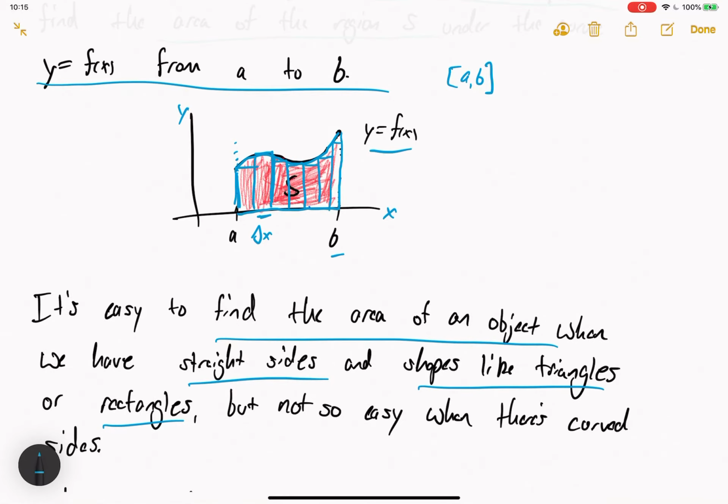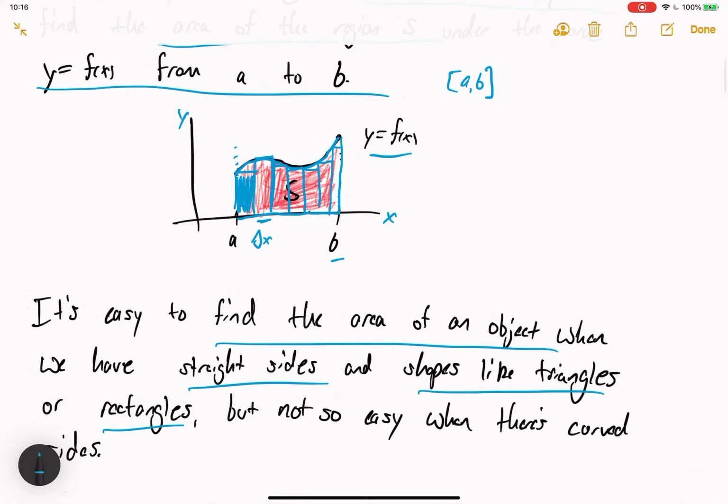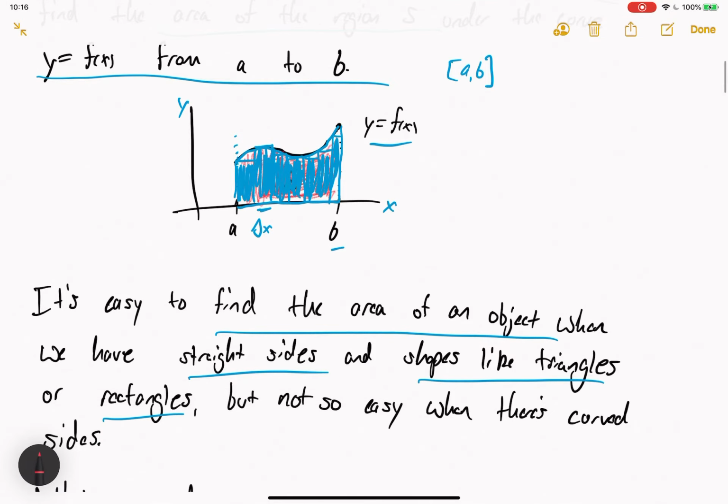If we look at these rectangles I just drew, this one, this one, this one, and look at the area, we still are missing a few sections. We're still missing this section right here, this section, and a bit more.